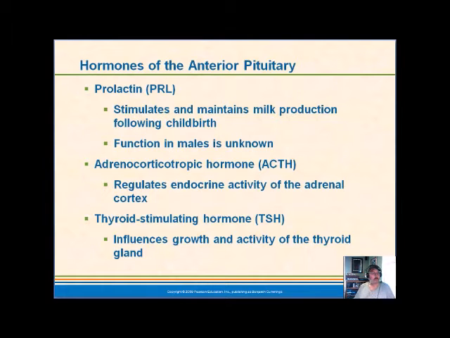Other hormones of the anterior pituitary include prolactin, which stimulates and maintains milk production following childbirth. It's made in males, but we really don't know what it does in males. We have adrenocorticotropic hormone, or ACTH, which regulates endocrine activity of the adrenal cortex. And then we have thyroid stimulating hormone, which influences growth and activity of the thyroid gland.